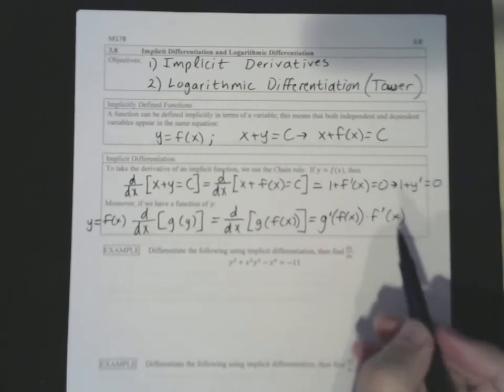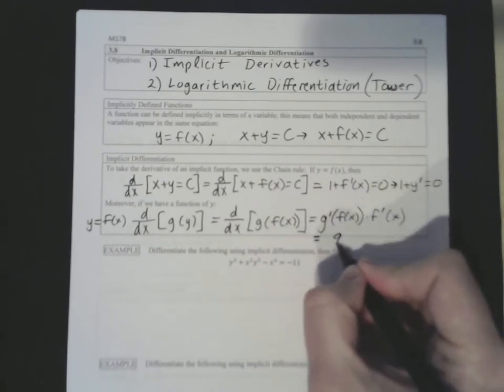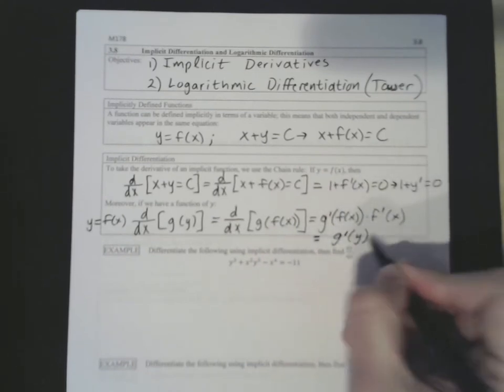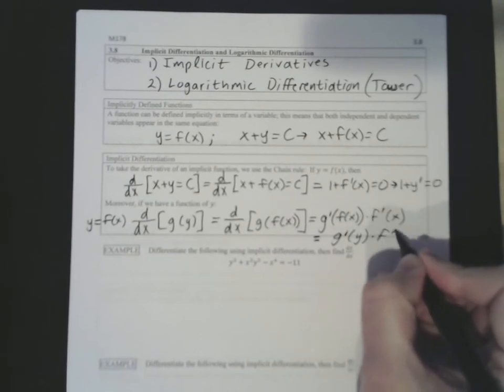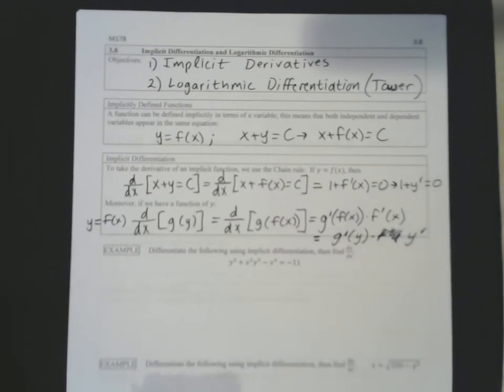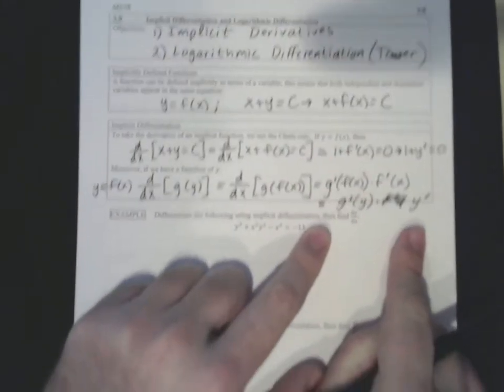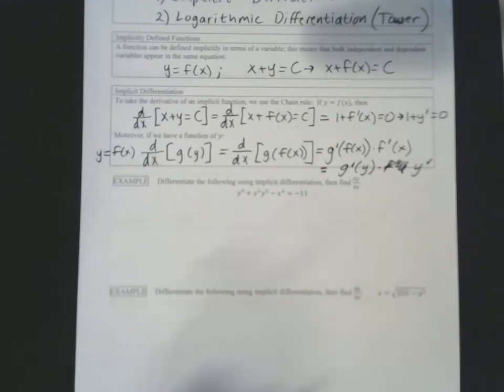And again, just like we can write this as 1 plus y prime, a lot of times you'll just see this as g prime of y times f prime of x. And f prime of x is just y prime. So this is a little weird to think about with these 2 specific examples, but we'll go ahead and work out this first couple.